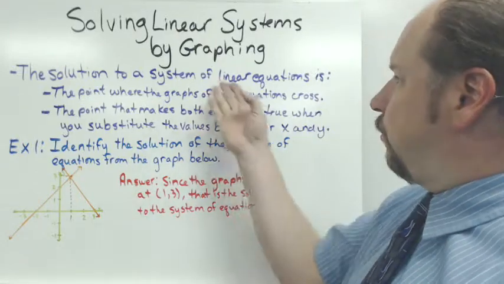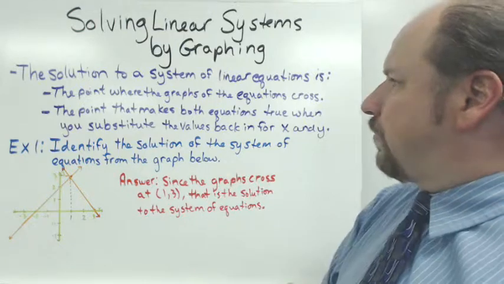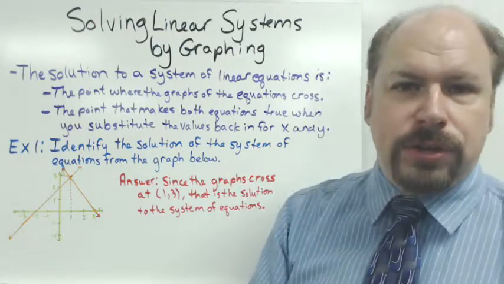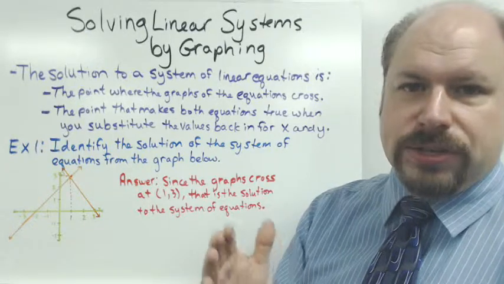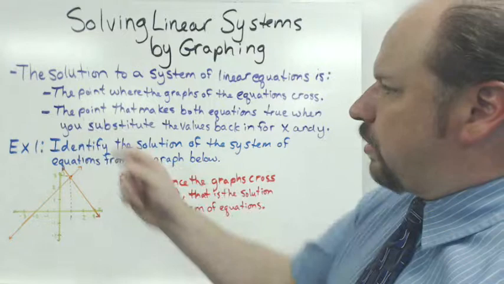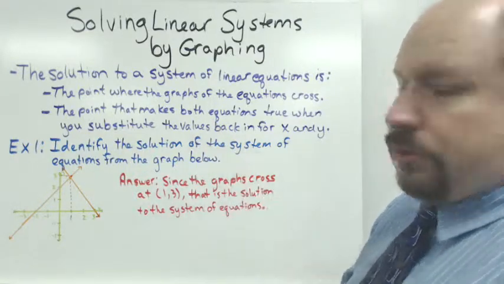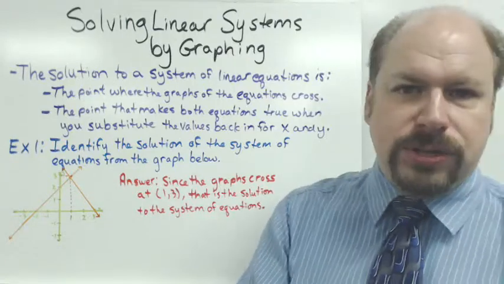A solution to a system of linear equations is, first of all, the point where the graphs of the equations cross. So if we look at a graph and we look at where the two graphs cross, that point where they cross is the solution. It is also the point that makes both equations true when you substitute the values back in for x and y.